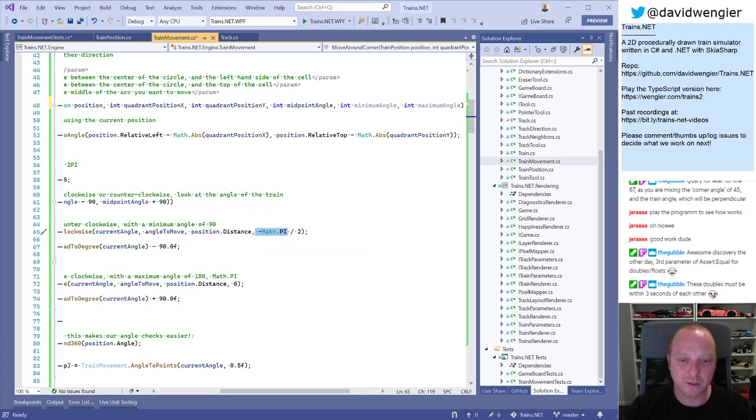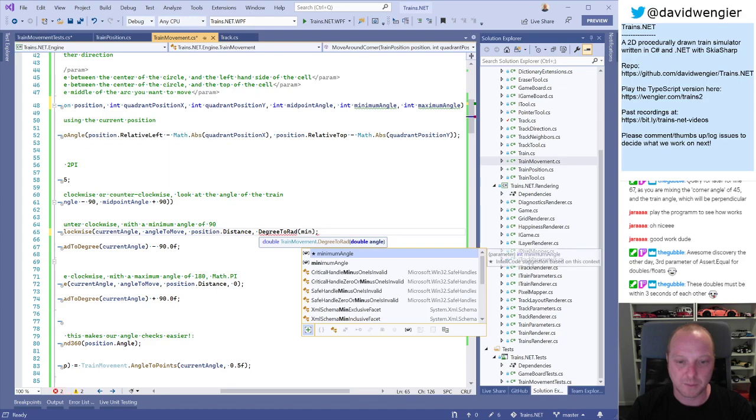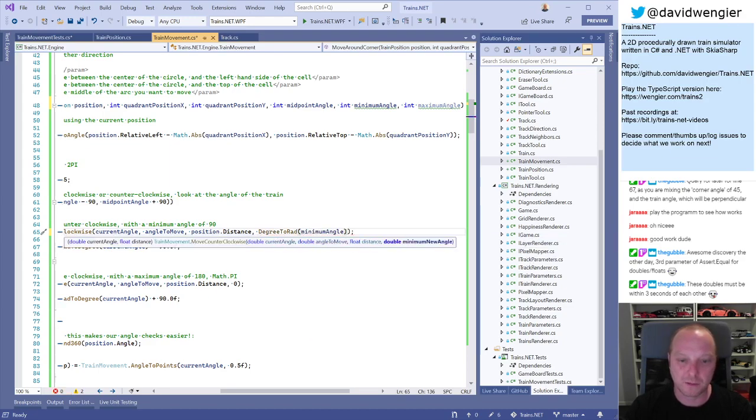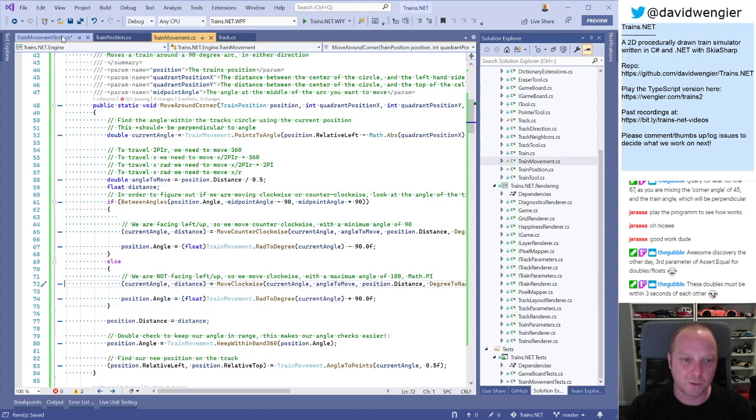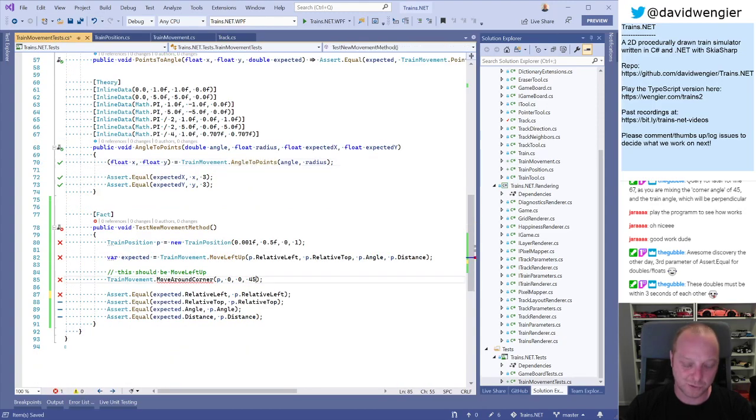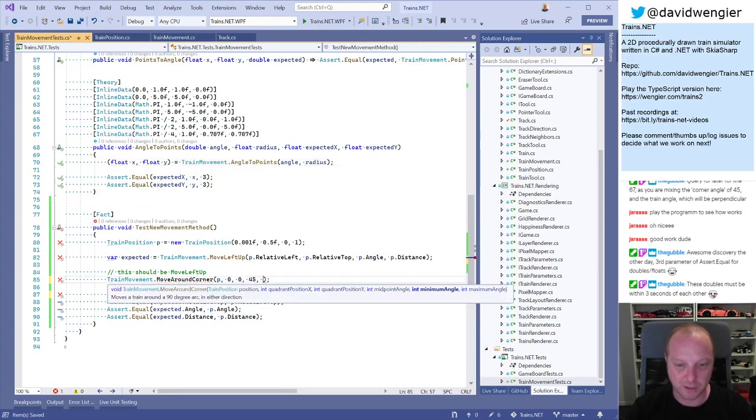So this is going to be degree to rad minimum. Oh, double. No, it doesn't. And this is degree to rad maximum. Now those angles though aren't train angles, just to be annoying, so we might have to fix that up later.